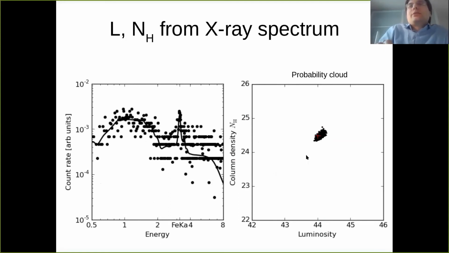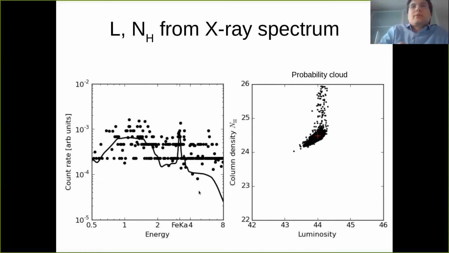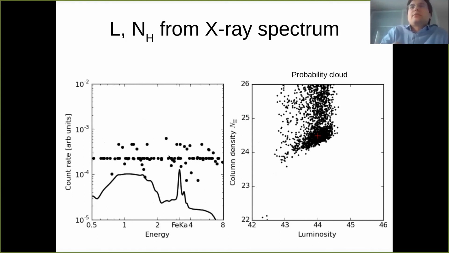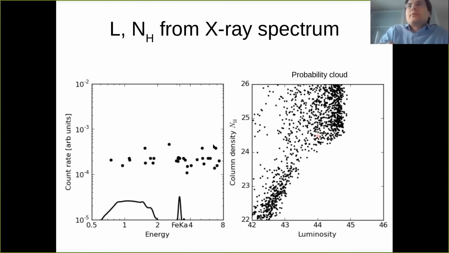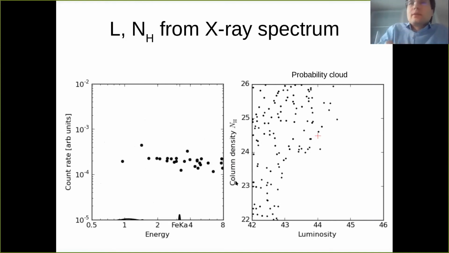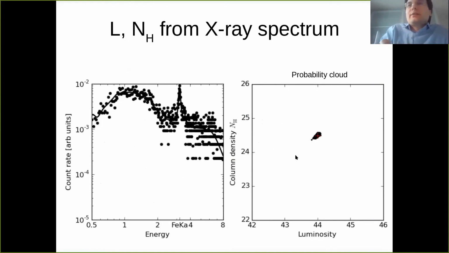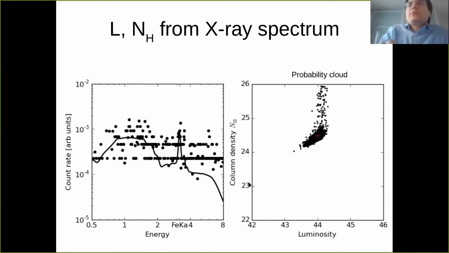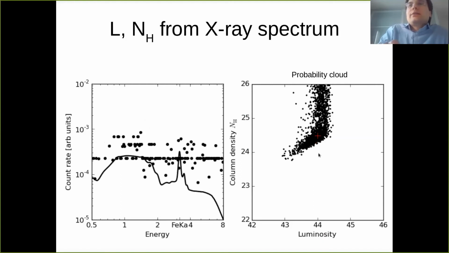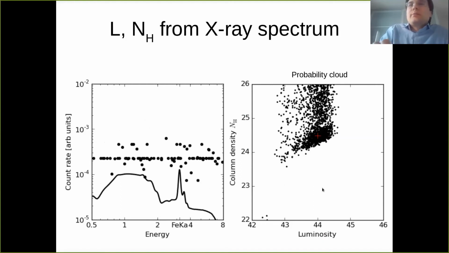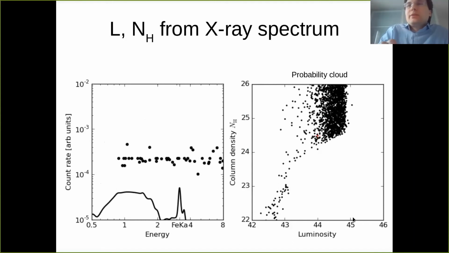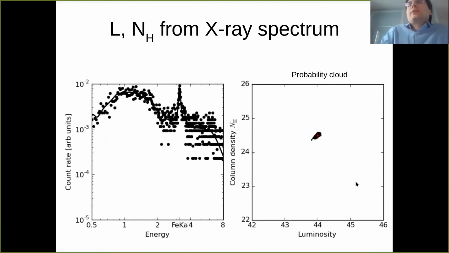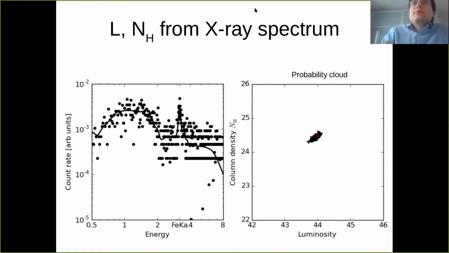And on the right, you see the posterior distribution, in particular here of a power law normalization essentially, and the obscuring column density, so how much material is in the line of sight. And you see the posterior is growing and growing as you get fewer and fewer counts. At some point, you don't know anything anymore, but you do know that it can't be an extremely bright, unobscured source. So even if you have 0 counts, you can still get information out of your spectrum.